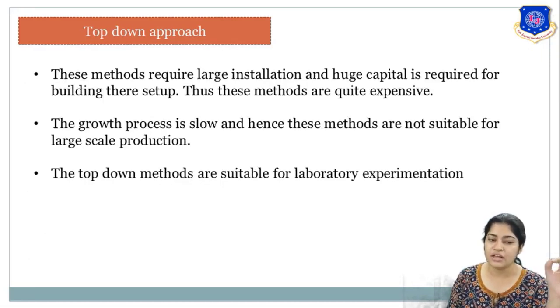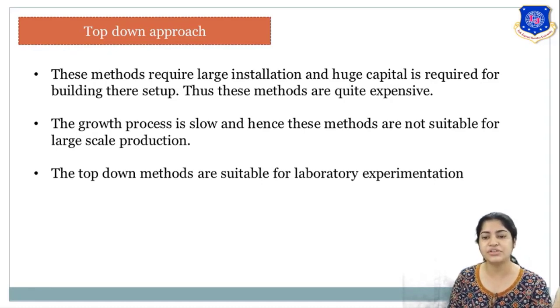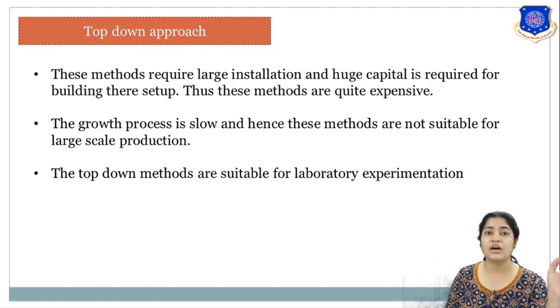Now some more notes: the top-down approach methods require large installation and huge capital, and are quite expensive. Take the example of a jaw crusher. We know that it requires a large amount of space. One more important thing is that it is not at all efficient.